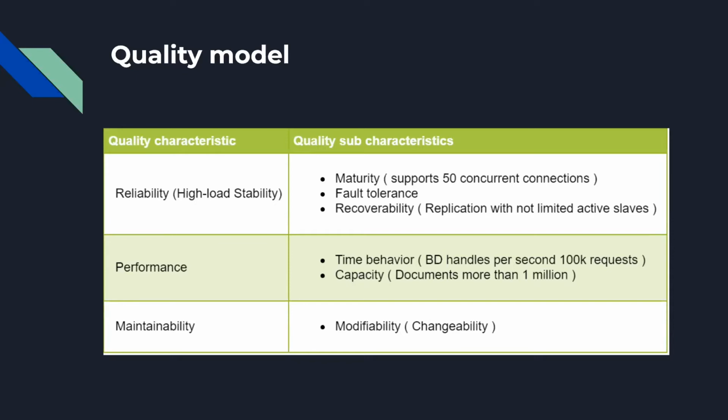For example, maturity in the first line says it supports 50 concurrent connections. It means that the main idea of the project was that a database could handle 50 concurrent connections.